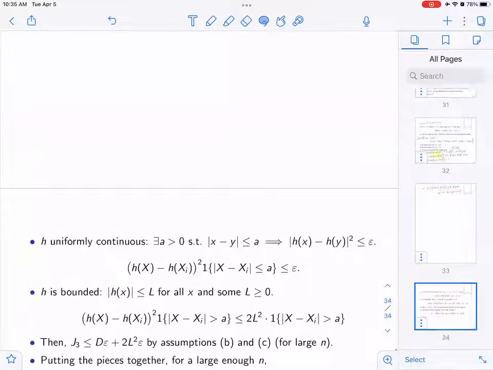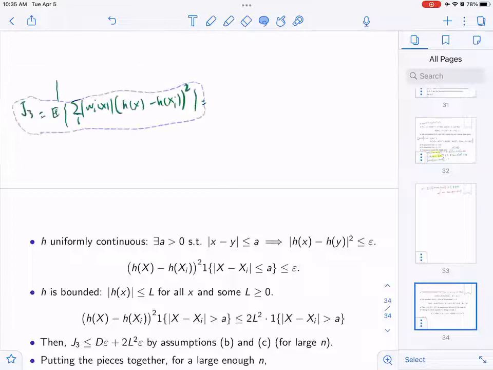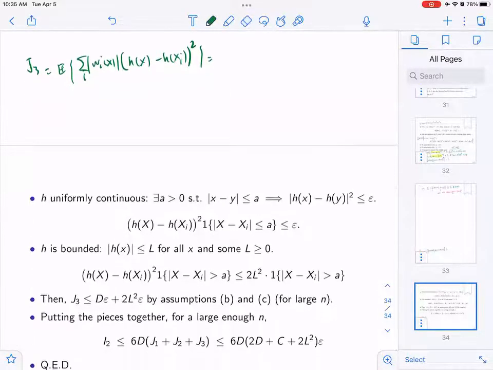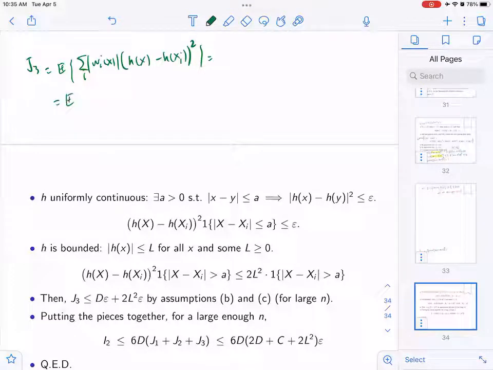I'm going to control this guy. So what does this do? I just add and subtract, not add and subtract, I'm multiplying. I'm going to multiply this by that indicator.